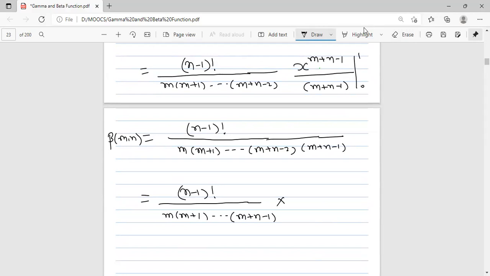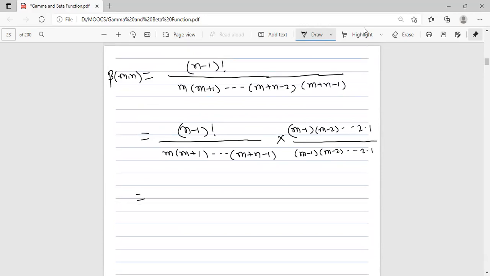I will multiply and divide by this term, m minus 1, m minus 2, and so on up to 2 into 1, whole divided by m minus 1 factorial. This is the numerator term, n minus 1 factorial. This term becomes m minus 1 factorial whole divided by.